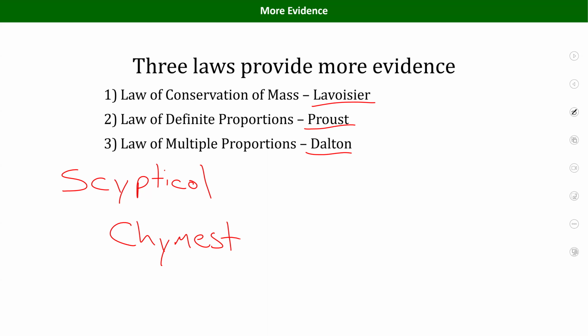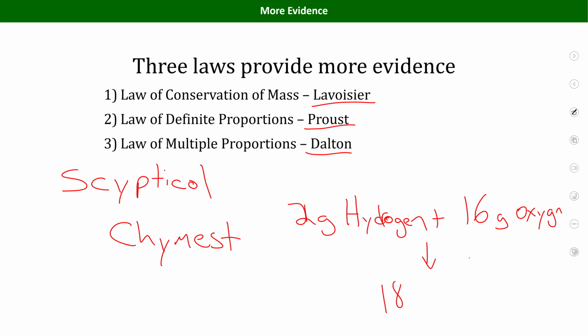So for instance, if you combine hydrogen gas and oxygen gas, it always takes 2 grams of hydrogen plus 16 grams of oxygen always gives you 18 grams of water.